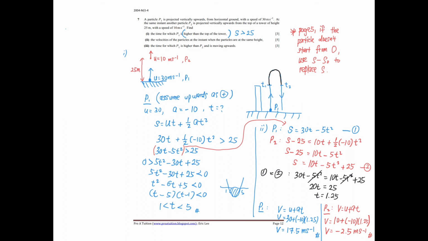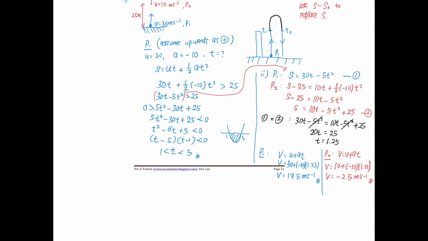Now let's do it here. I call it part 3. So if you have 1 greater than 2, basically it is 30t minus 5t squared greater than 10t minus 5t squared plus 25. It is actually the same working as here. As you can see, just now it was equal, but now it's greater.